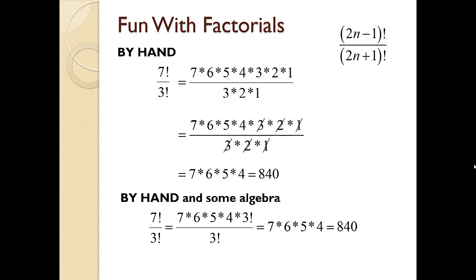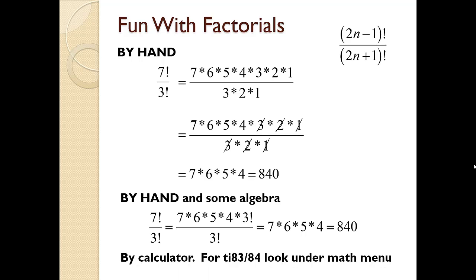I'll just replace the 3 times 2 times 1 and put 3 factorial in its place. So 7 factorial would be the same as writing 7 times 6 times 5 times 4 times 3 factorial. And the denominator, I won't even expand out. It's just 3 factorial. That way the 3 factorials cancel, leaving you still with 7 times 6 times 5 times 4. And that's still 840.